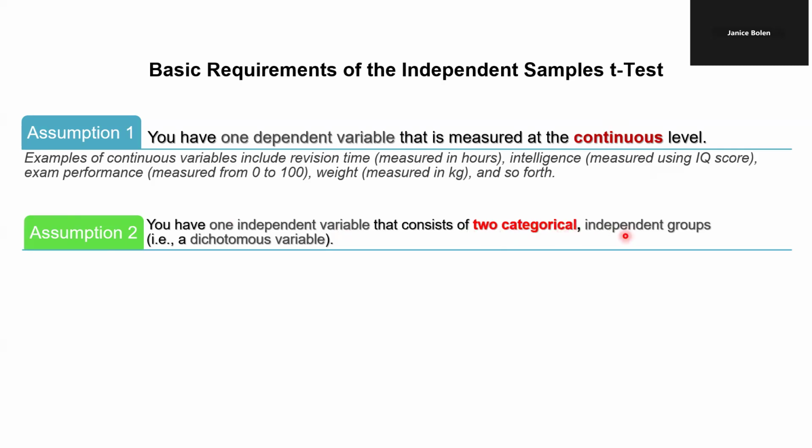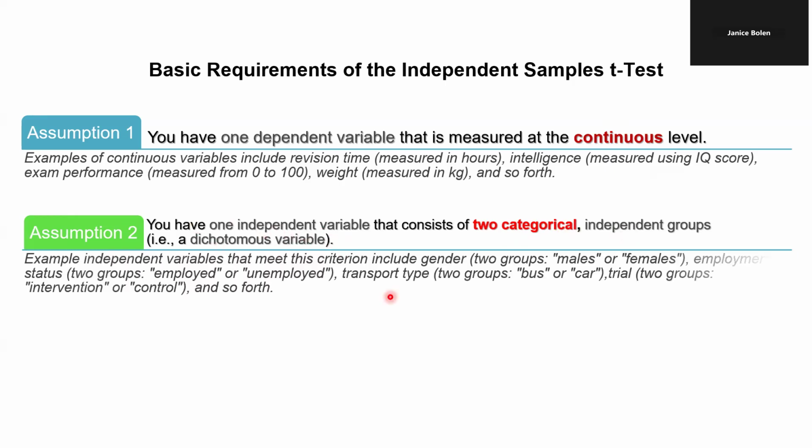They have to be independent of one another. It is also referred to as a dichotomous variable. Say, for example, male, female, or type of transportation, bus or car, or employment status, employed or unemployed. So there are basically just two categories for your independent variable.